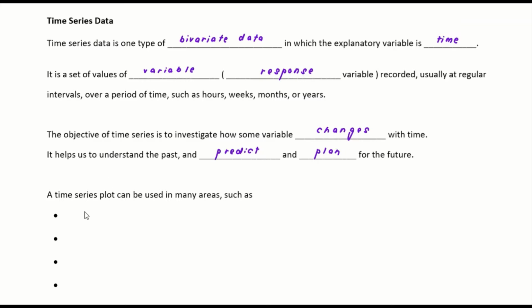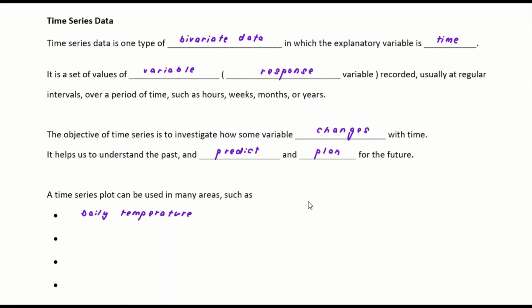For example, if we talk about daily temperature, our explanatory variable here will be time, and the response variable here will be the temperature for each day. When I put this into the data, I'll be able to see how temperature changes with time.